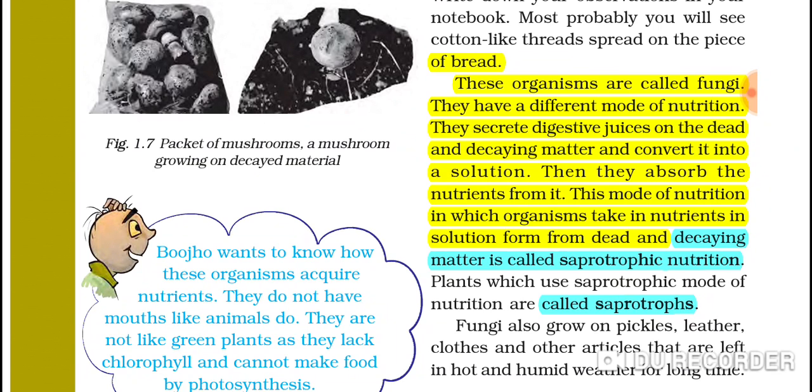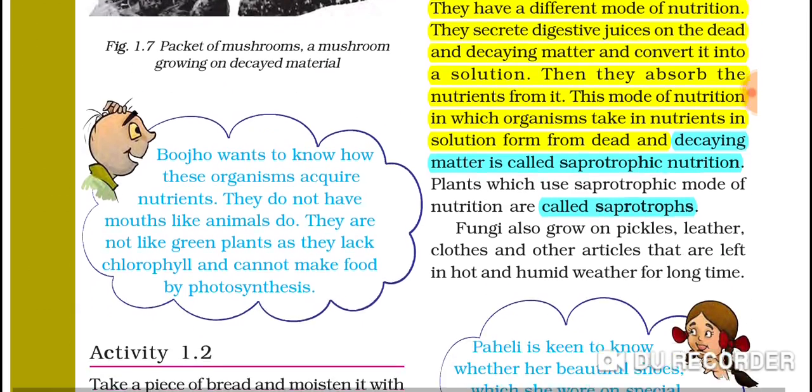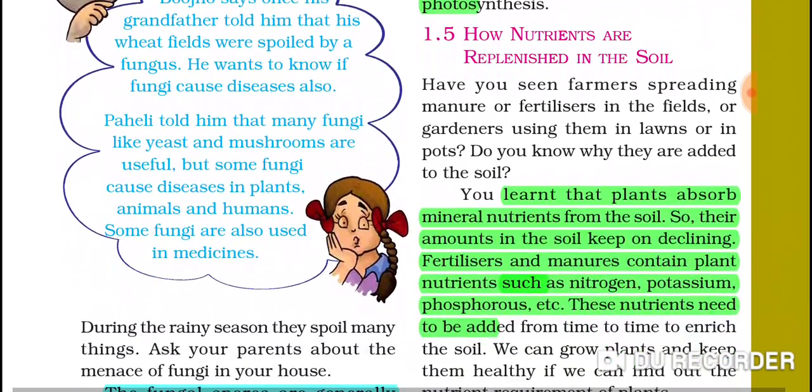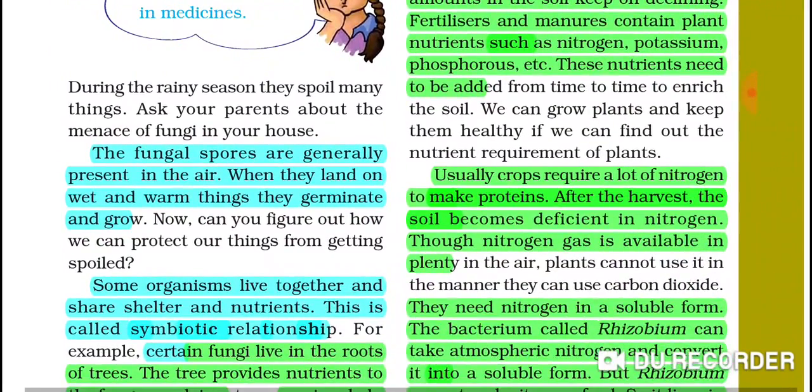They absorb the food from this, which is converted into solution. So the organisms which take their nutrition from dead and decaying matter have saprophytic nutrition, and these plants are called saprotrophs.